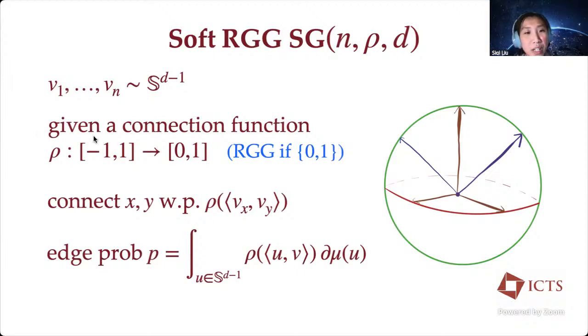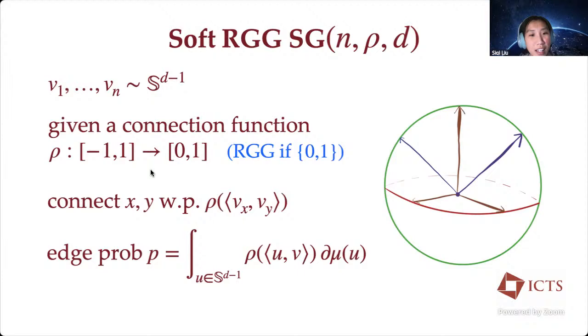In particular, we're given a connection function rho that maps the inner product value to a probability parameter between 0 and 1. And this is a strictly increasing function.